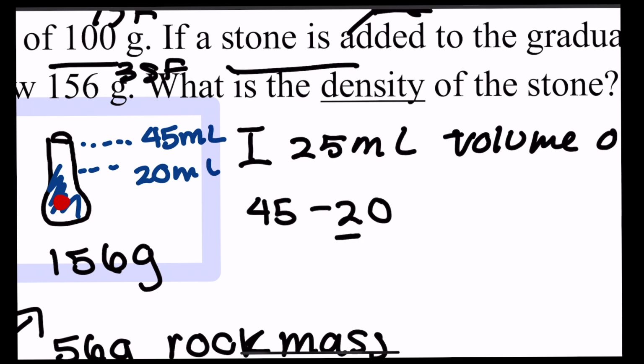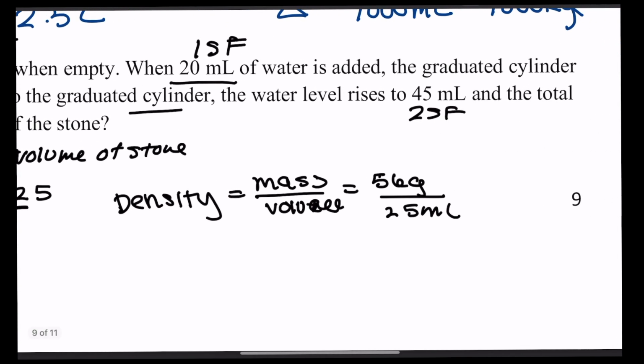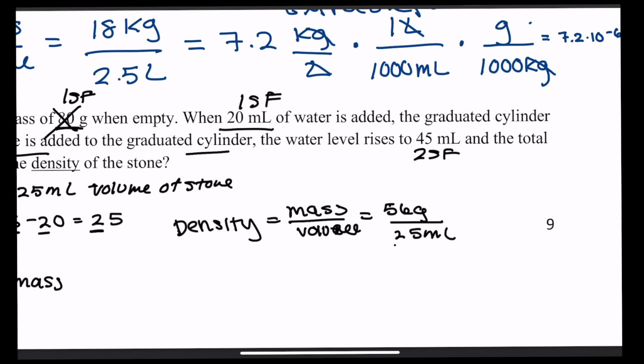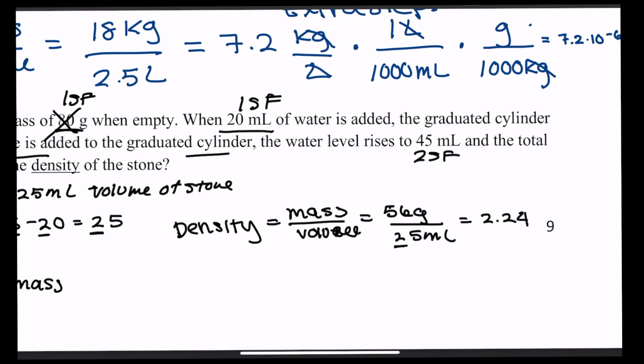So if I put it right there, that will equal 25, and our sig fig is still right here. Don't round up yet. And then this is still 2 sig fig. So when we do this, we should get 2.24 grams over milliliters.